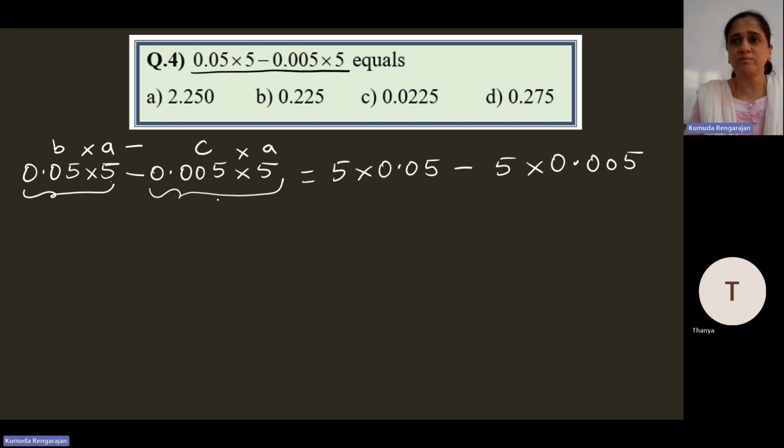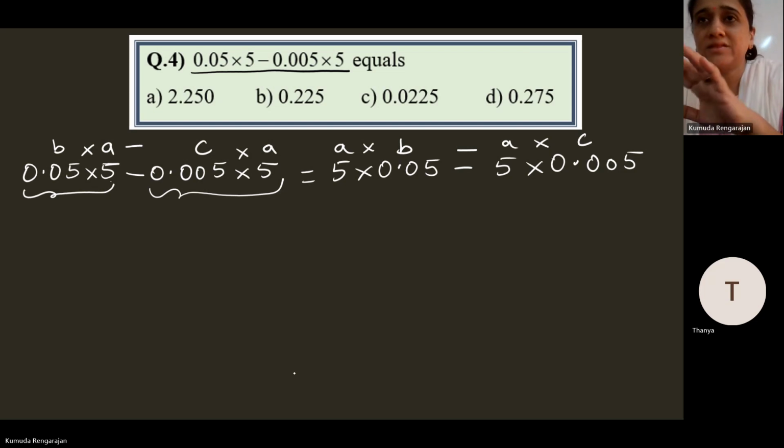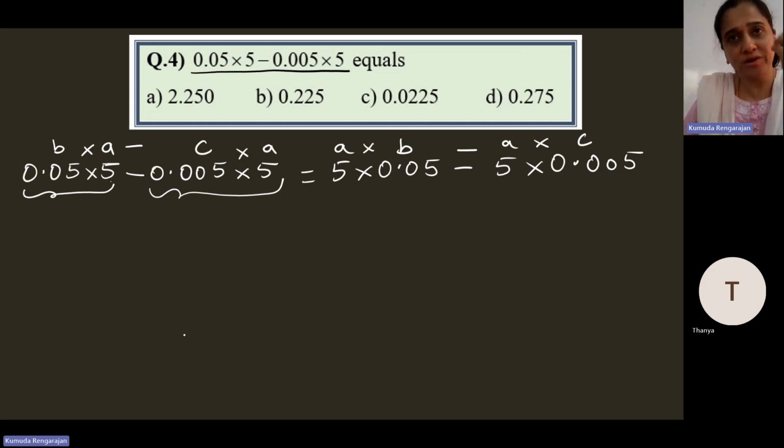A into B and B into A are both the same, right? Now see, A into B minus A into C. There are 4 numbers, 3 different numbers. One is 5, which is repeated, then 0.05 and 0.005. What is repeated, we take as A. The other numbers are B and C.